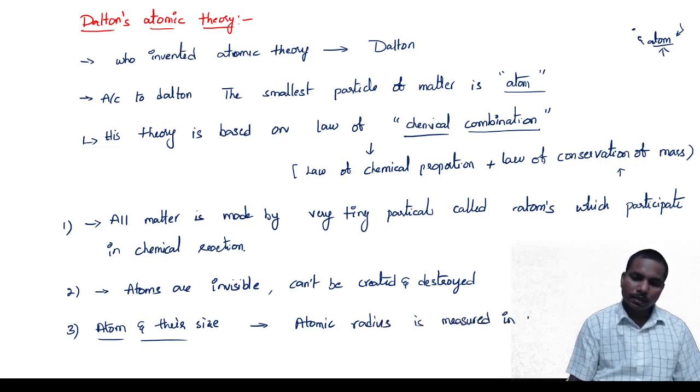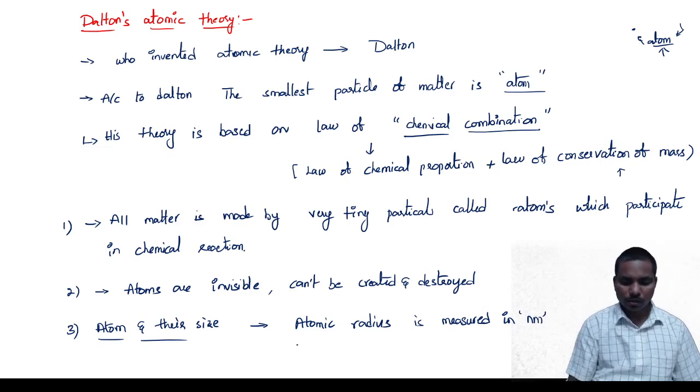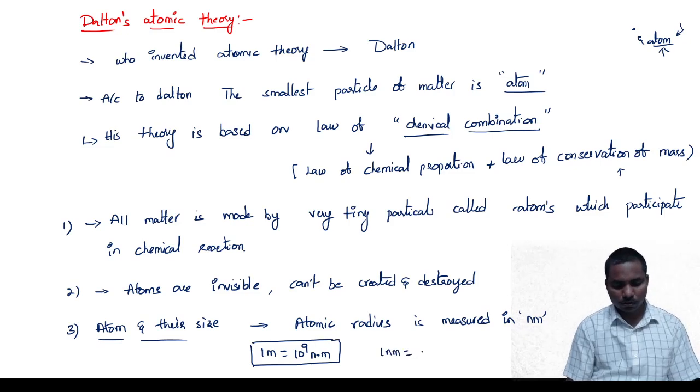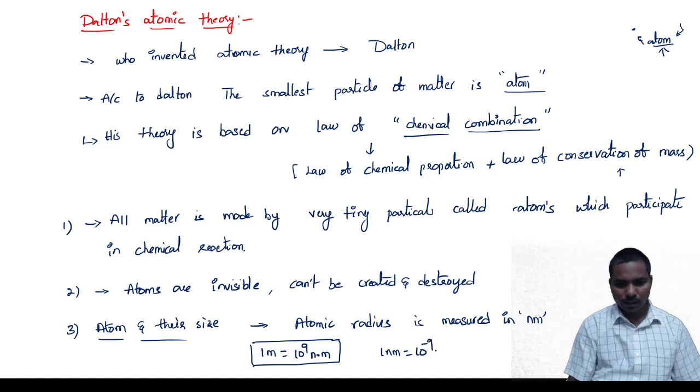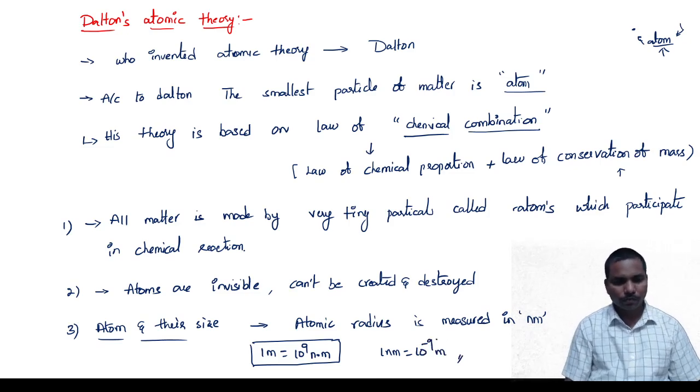Here 1 meter is equal to 10 power 9 nanometers. That means 1 nanometer is equal to 10 power minus 9 meters.